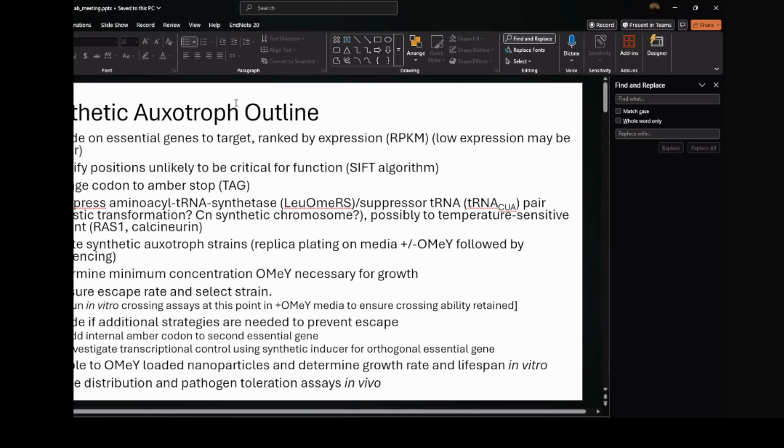Well, I was thinking in terms of how we would integrate the amino acid. Right now we're thinking of having nanoparticles that encapsulate the amino acid and then gradually release it. I was going to comment, there might be an opportunity.